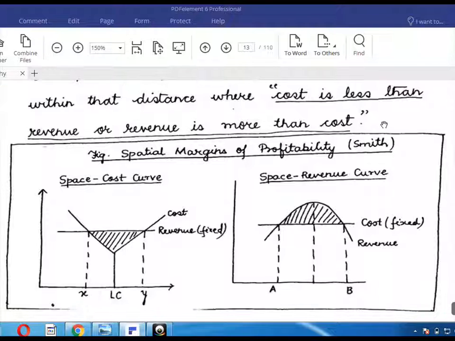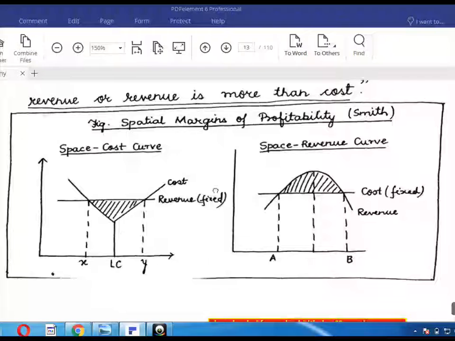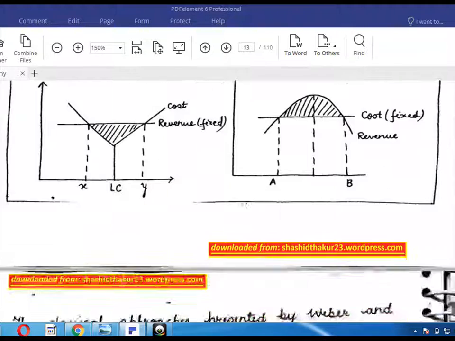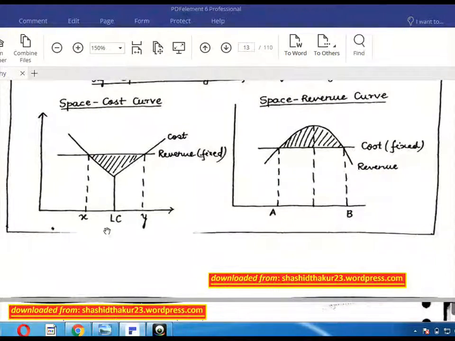So here you can see the space cost curve, with x, y here as cost and revenue, and the space revenue curve. So you can see in AB here x, y.